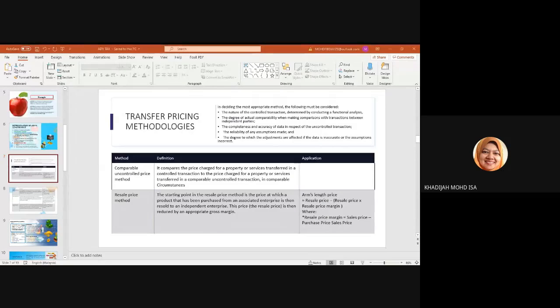And for the method, there are 5 methods, and the company can choose which one is most applicable to them. But I think it goes back to consistency. It is not that this year you go for method number 1, next year you go for method number 3. No. Once you choose the method, it has to be consistent over the years. Yes, it must be comparability, if I'm not mistaken. Okay. Any other questions?